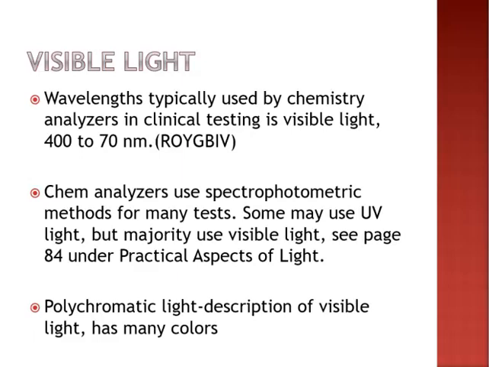Some may use UV methods or UV light, but the majority of the tests use visible light. Polychromatic is a description of visible light, and it means having many colors. Poly meaning many, chromatic meaning colors.